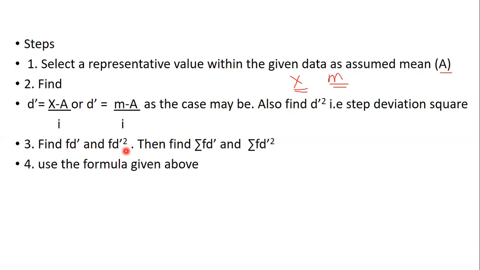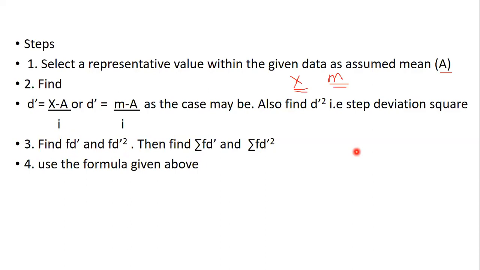So that is the next step. After finding these values, add them separately. When you add all of the fd dash values, you will find summation of fd dash. And when you add up all the values of fd dash square, then you will find summation of fd dash square. After finding until here, you just have to use the formula that is given above.